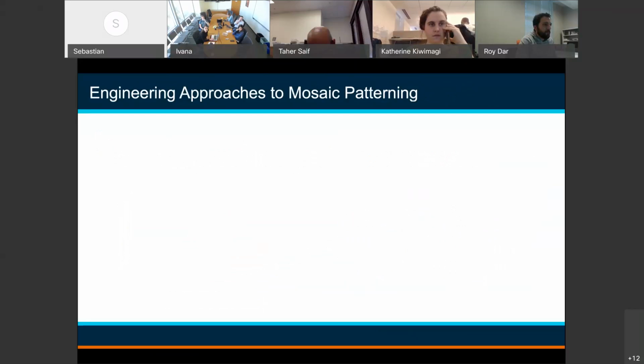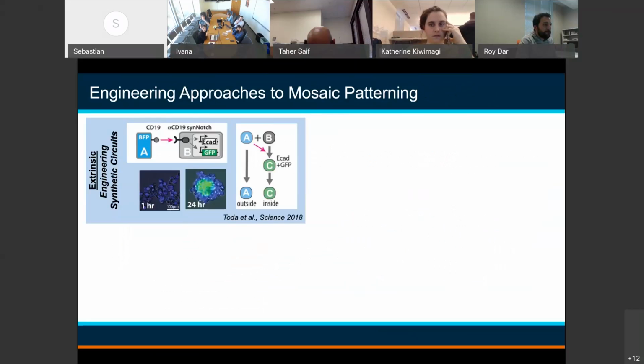Attempts to recapitulate mosaic patterning events have led multiple groups to engineer circuits to cause symmetry breaking events to occur in vitro. One prominent example from Wendell Lim's group is the extrinsic engineering of a synthetic circuit using a SynNotch.